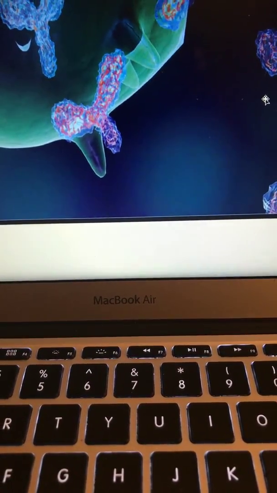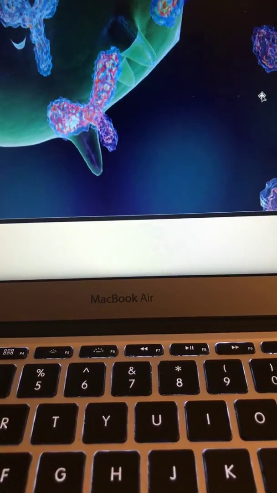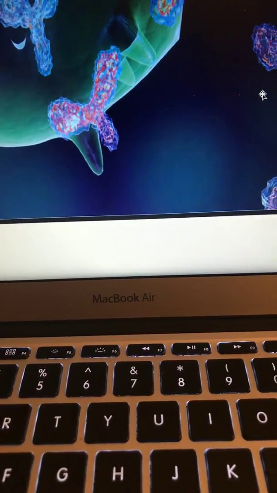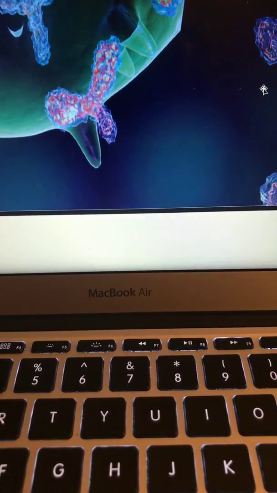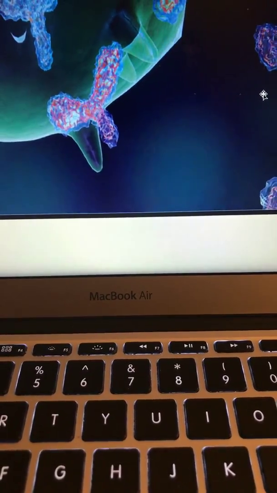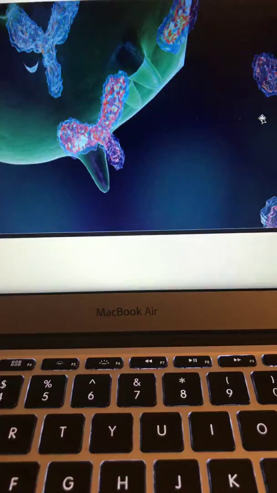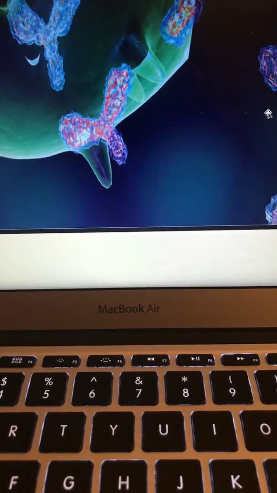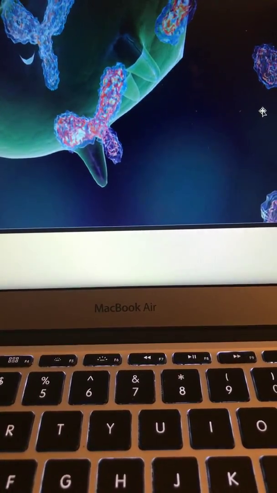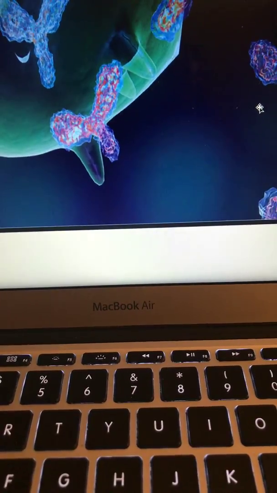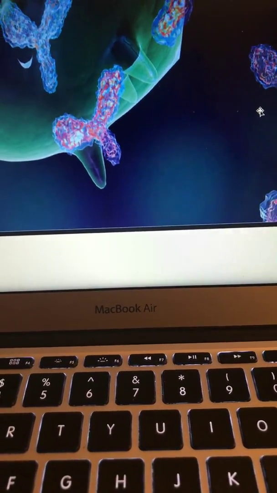The second major function of antibodies is that they activate the complement system. What this means is that they destroy bacterial cells by lysis.